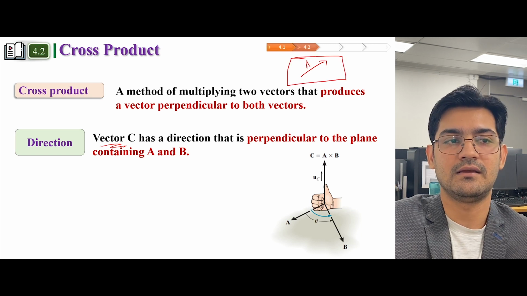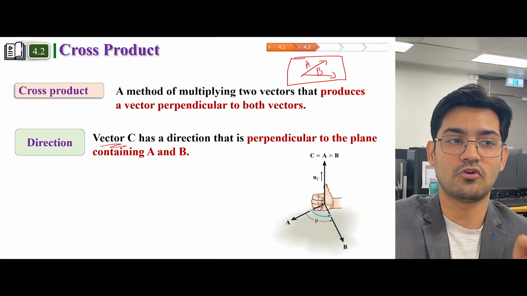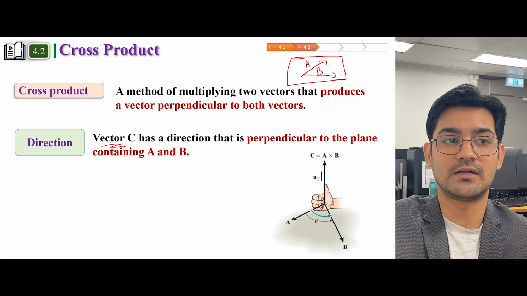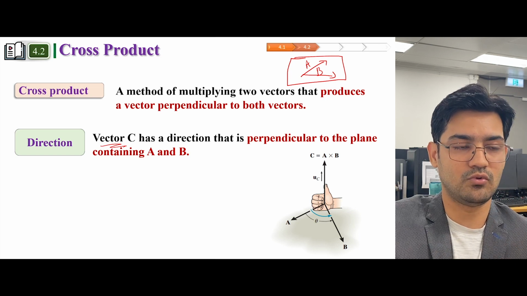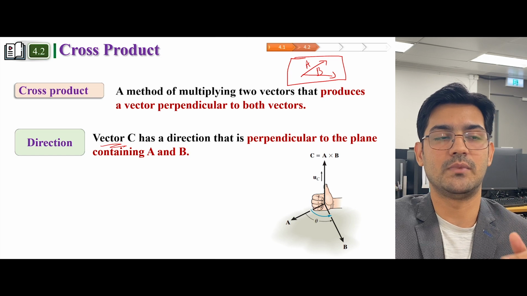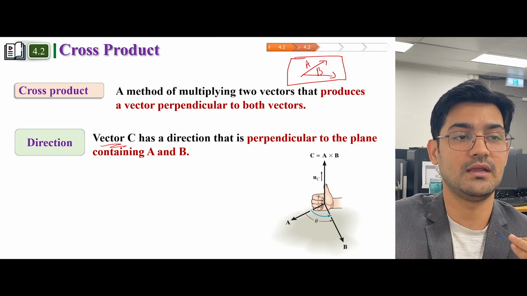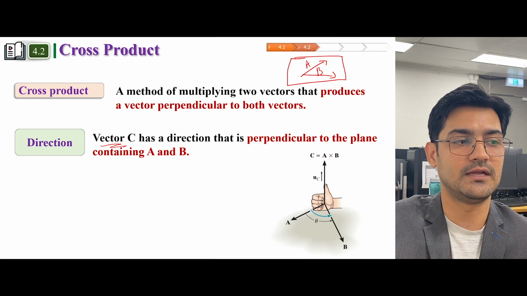This is vector A. This is vector B. If you multiply vectors A and B using the cross product, you will get a third vector, but the third vector would not be in that plane; it would be perpendicular to the plane. Either it would be directed out of the plane or into the plane, but not in the plane. It would be at a perpendicular distance to the plane that contains A and B.